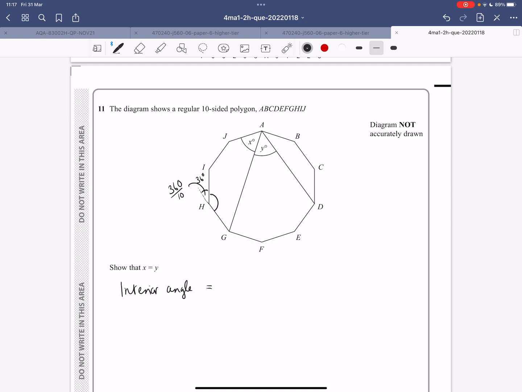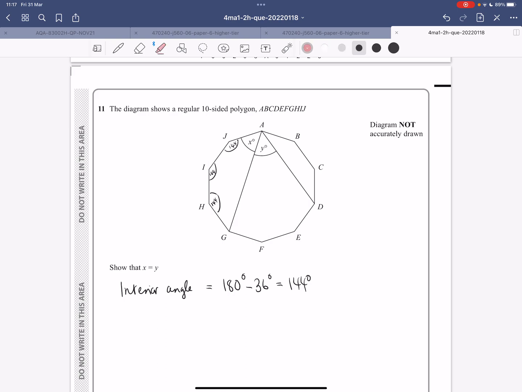So the interior angle is 180, because this is a straight line, take away 36, which is 144 degrees. So that's 144, that's 144, and that's 144.